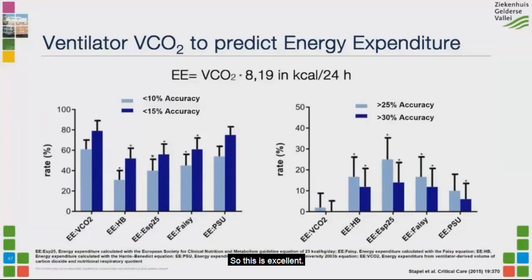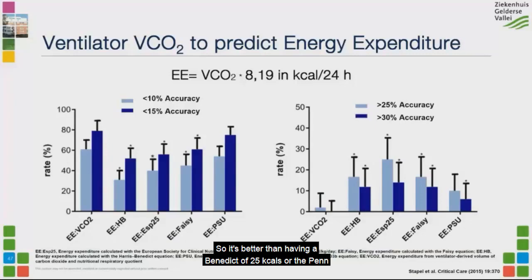So is this accurate? They compared in this study the VCO2 method with the indirect calorimetry device. And you can see, the accuracy within 10% or within 15% is rather high. In the left panel, you see the EE-VCO2, that's the VCO2 method compared with indirect calorimetry.